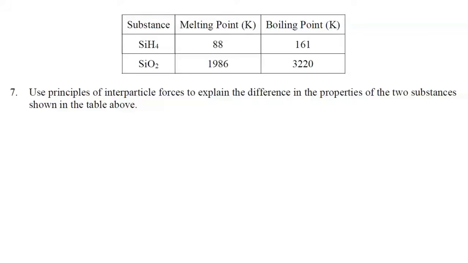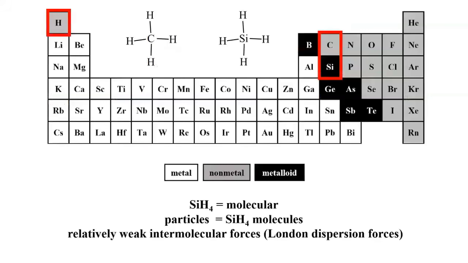So you'd have to cool it down to become a liquid and eventually cool it down even more to have it freeze. SiO2 melts at a very high temperature and obviously boils at an even higher temperature. So SiO2 is a solid at room temperature with strong attractive forces, and SiH4 is a gas at room temperature with very weak attractive forces between the particles.